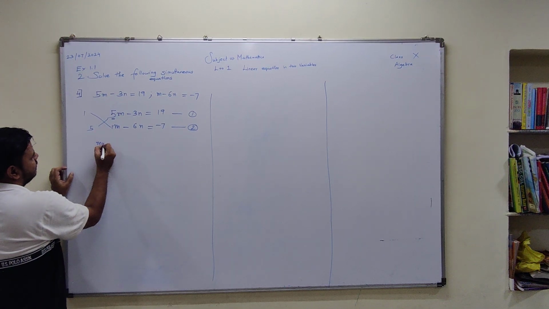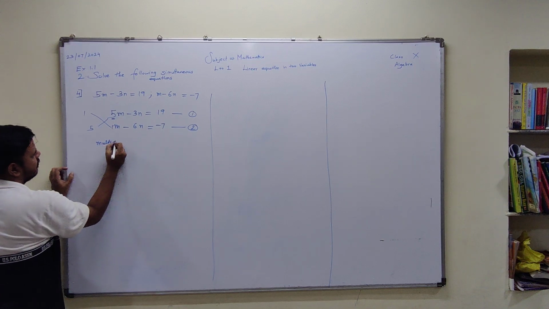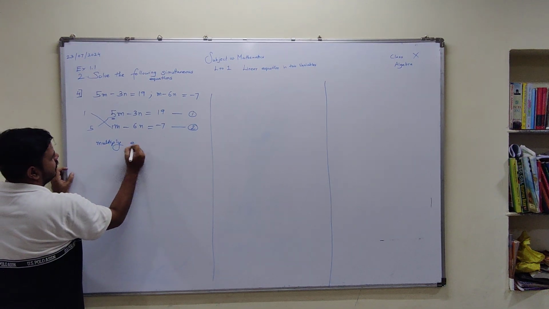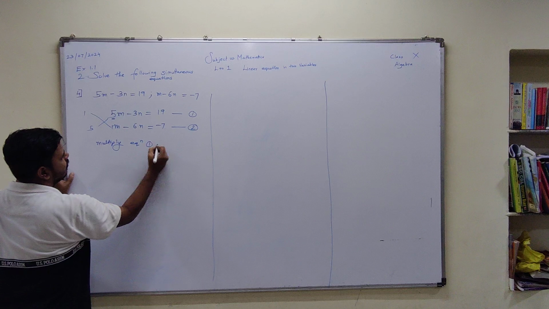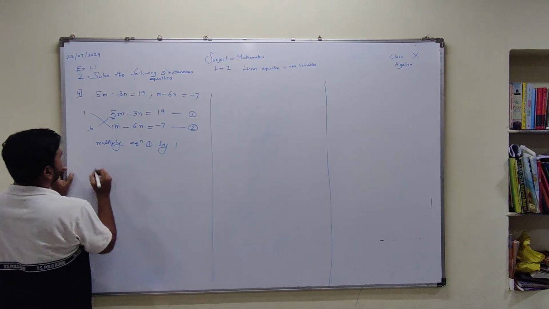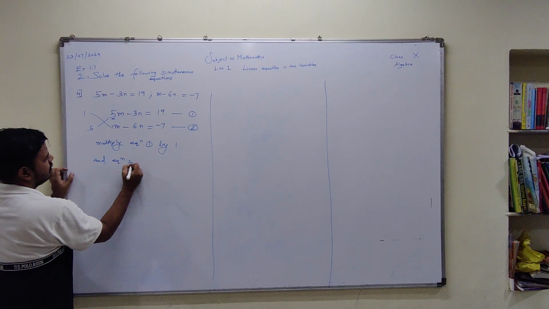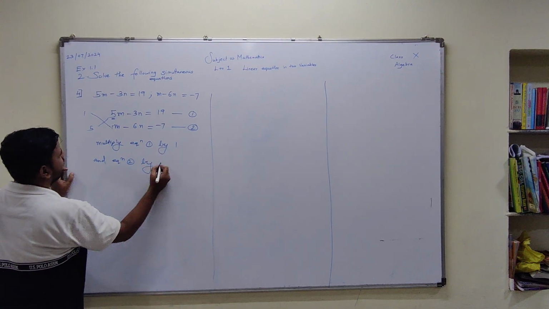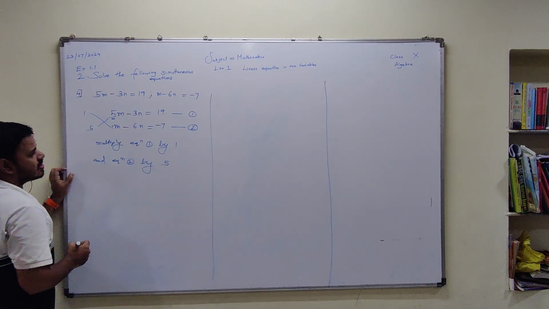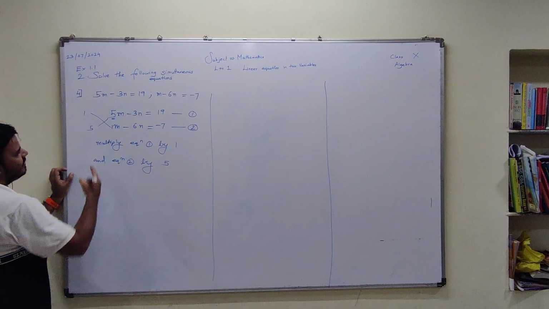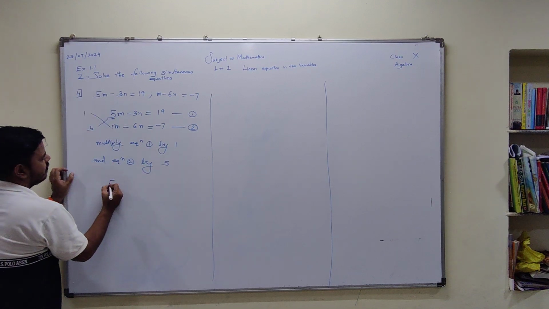So multiply equation 1 by 1 and equation 2 by 5. After multiplication, what do we get? 1 5s are 5.